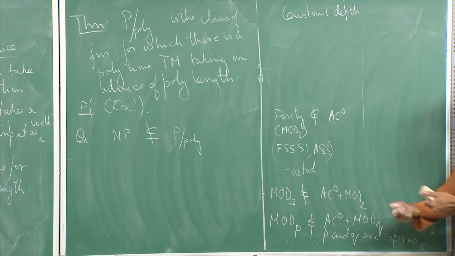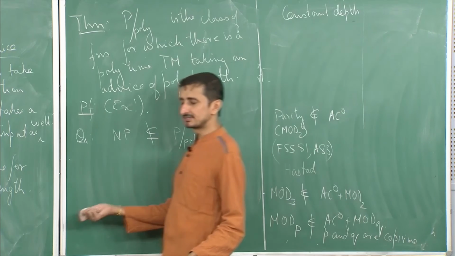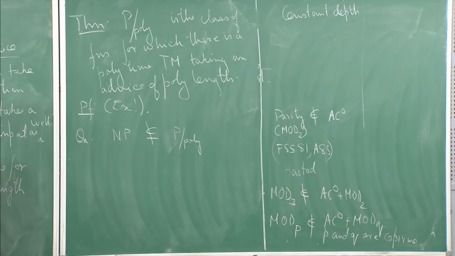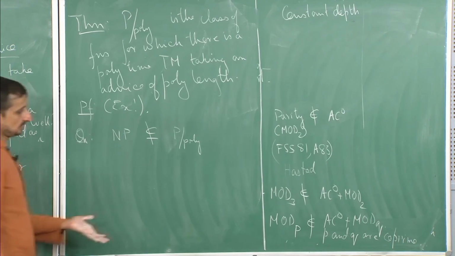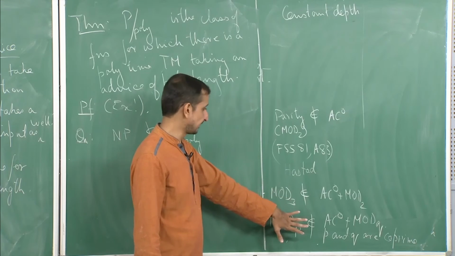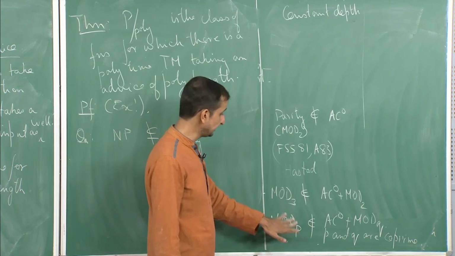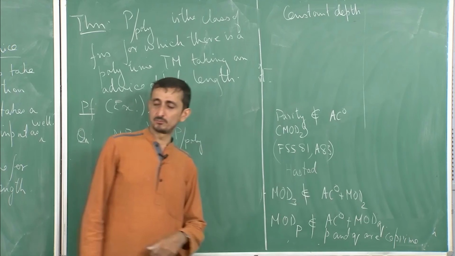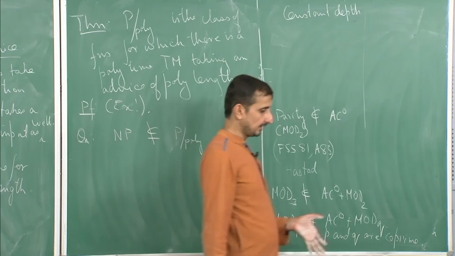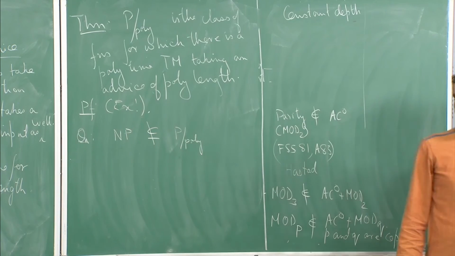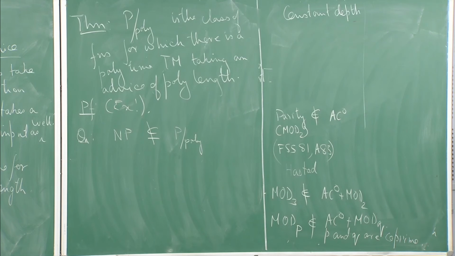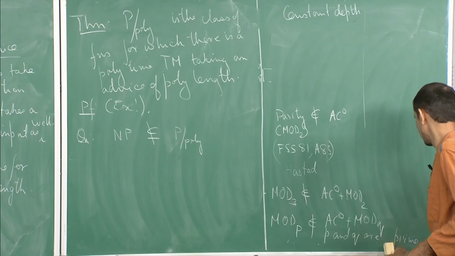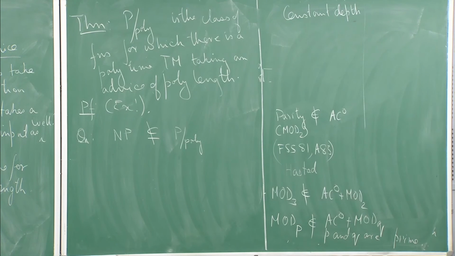So, if I take for example 5 and 7, or even 5 and 6, let us take primes for the time being, 5 and 7, then mod 5 cannot be computed if I have mod 7 gates. So, the next thing is that, let me just say it for co-prime where P and Q are primes.